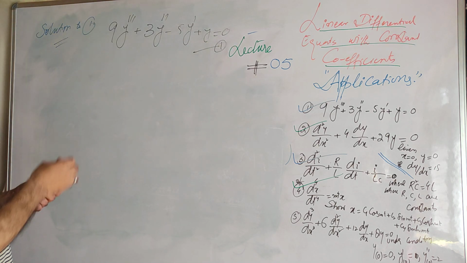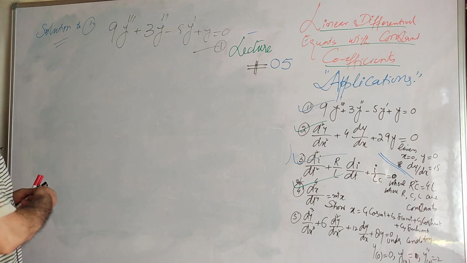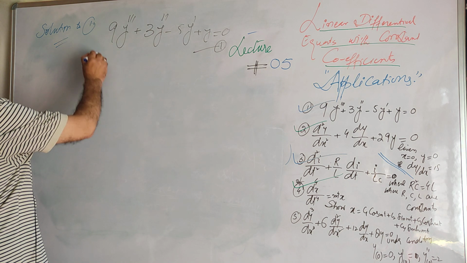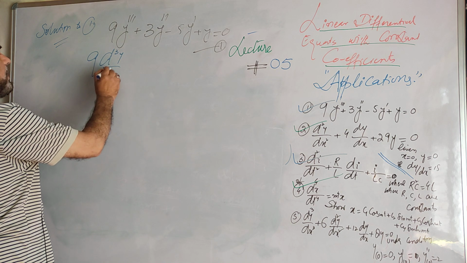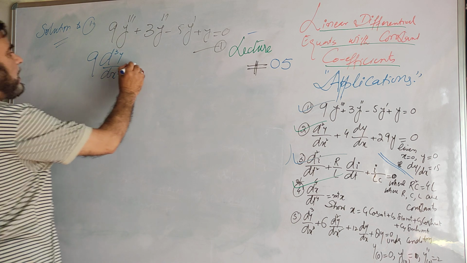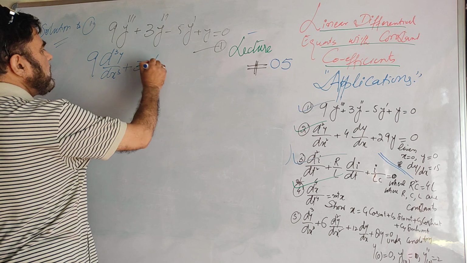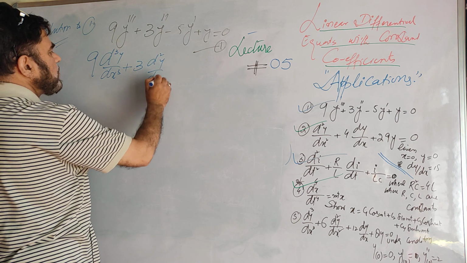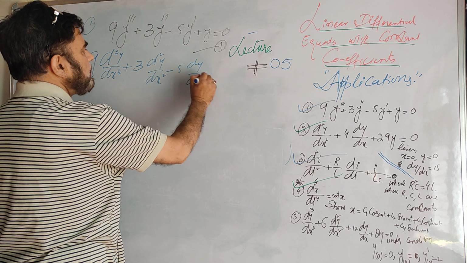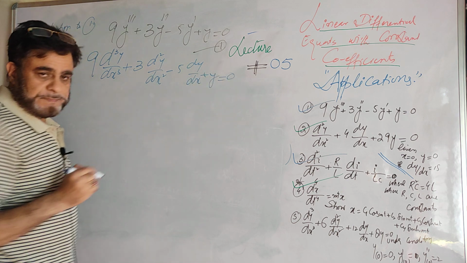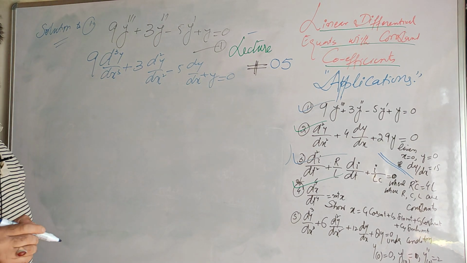Well, we write this differential equation in the form 9 d3y/dx cube plus 3 d2y/dx square minus 5 dy/dx plus y is equal to 0. Let us write it in symbolic representation.